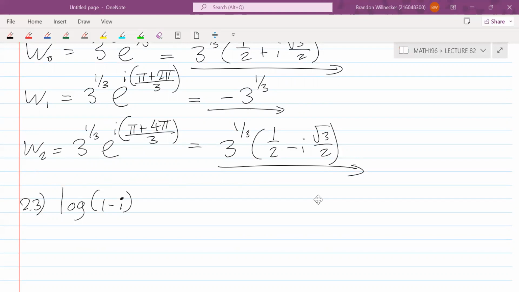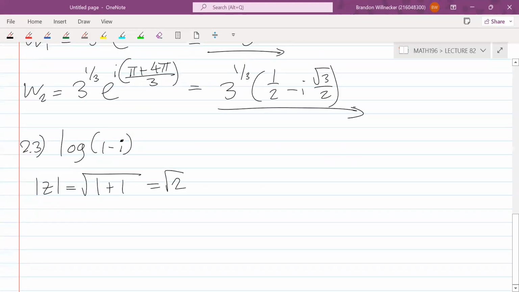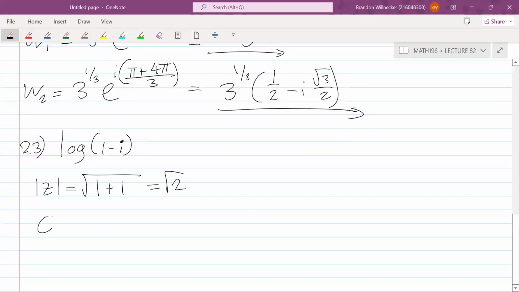So let's find the magnitude. |z| is going to be the square root of 1 plus 1, that's just root 2. Then the phase, so theta is going to be arctan of minus 1 over 1. That's going to be minus π over 4. Okay, so we've got the magnitude, we've got the phase. We can write out what our answer is now.